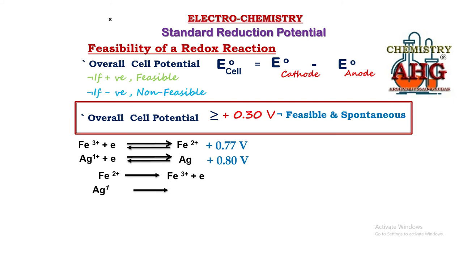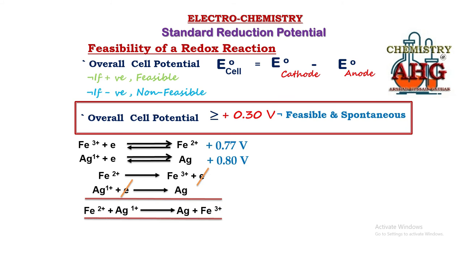Whenever you are writing these equations, you must use irreversible arrows. That is important. Now if you take the sum of both the reduction and oxidation, you can cross out the electrons. The net redox equation will be Fe2+ plus Ag+ giving you Fe3+ and solid silver. Now this is a balanced chemical equation for a feasible reaction.